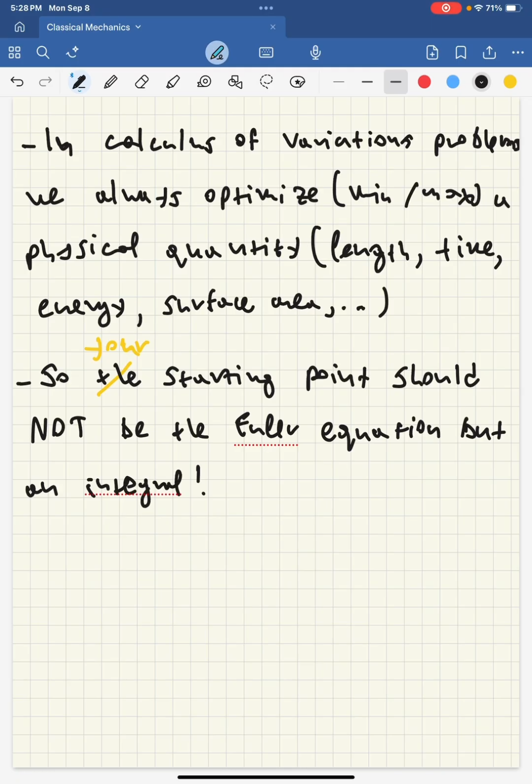And actually, the Euler equation is derived from an integral. We will see this integral in a minute.